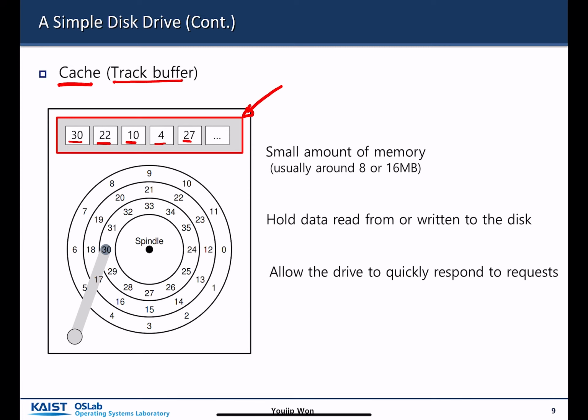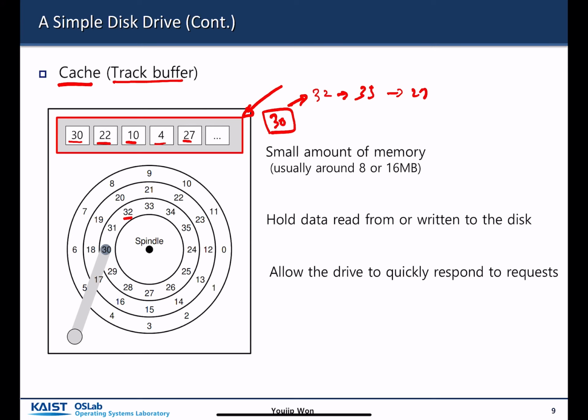Also, on the other hand, when you read some sectors from the track, for example, let's say you are reading 32, 35, and 27, and the current head is at 30.